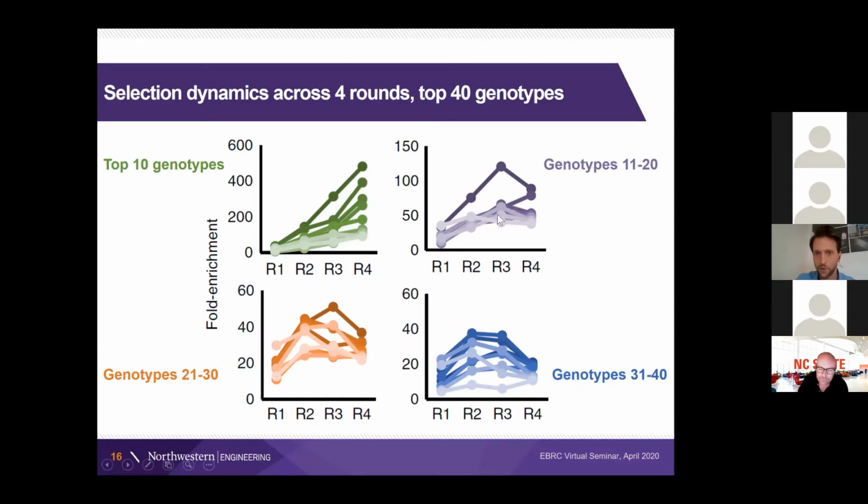So for the top 20, by round 3, they're starting to decrease in frequency in the population, whereas for genotypes 20 through 40, by round 2, most of them are below the average fitness, and they're being reduced in frequency. This is what you would expect if you're applying a consistent selection pressure to the ribosomes. So this is encouraging that we're not selecting for phenotypes that we don't understand. We're not selecting erratic things. We're getting a really constant selection pressure and a consistent behavior of each genotype throughout the selection.